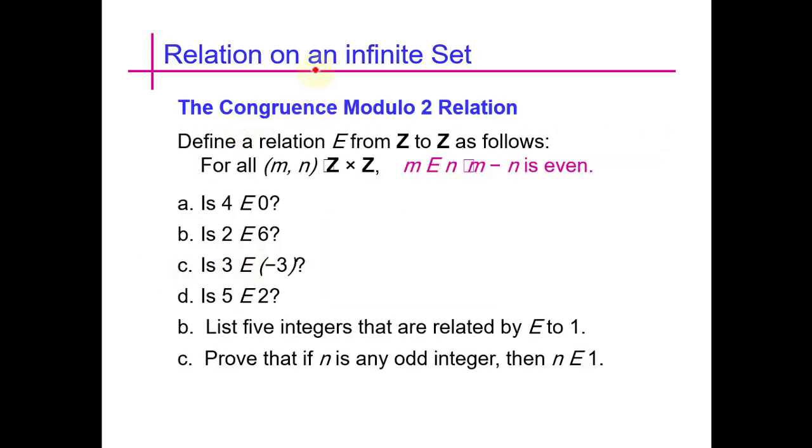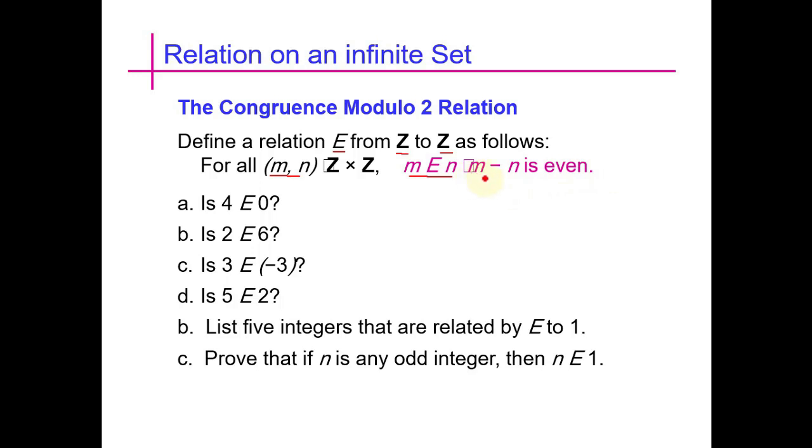Now we see another relation on an infinite set, the congruence modulo 2 relation. This relation is defined as E from Z to Z, set of integers to set of integers, as follows. For all m, n belonging to Z cross Z, m is related to n if m minus n is even.